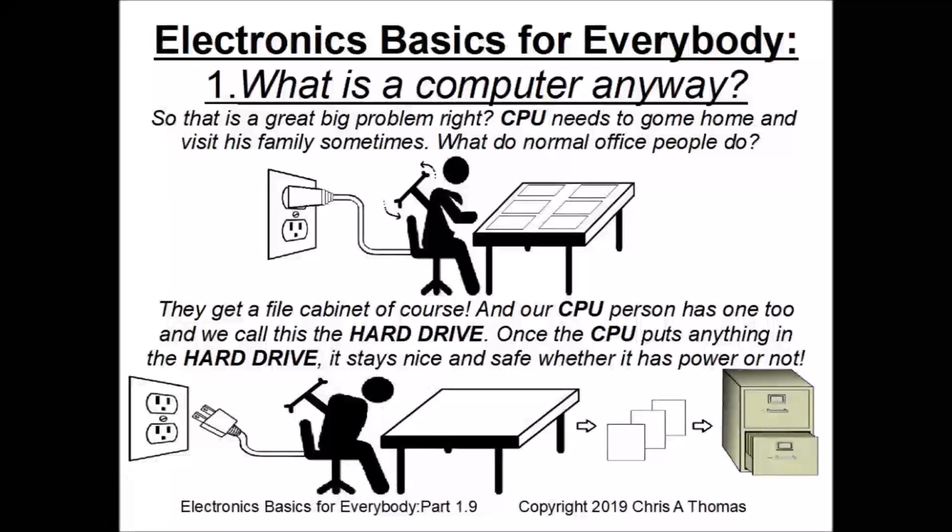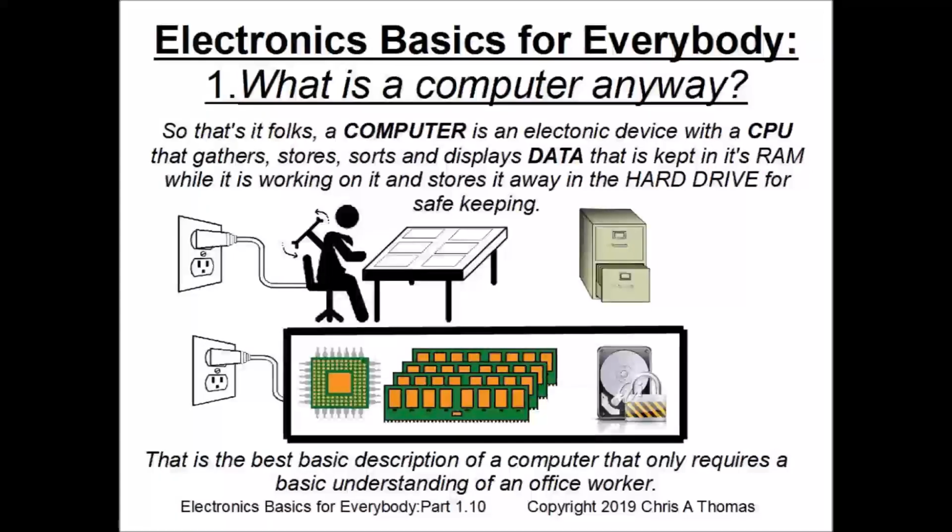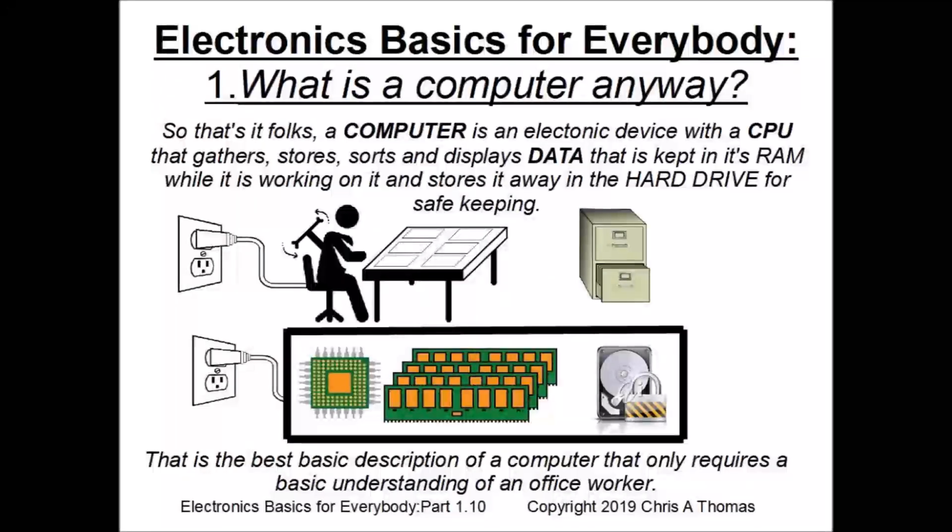And there's lots of different kinds of drives. Plenty of drives are no longer hard drives at all. They're simply a collection of chips. We won't get into that today.